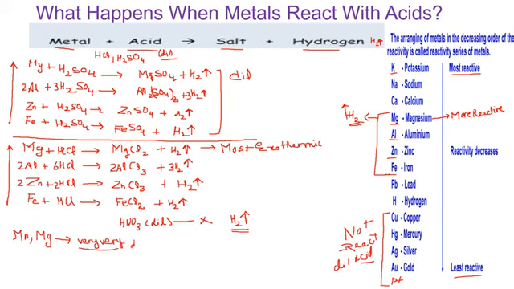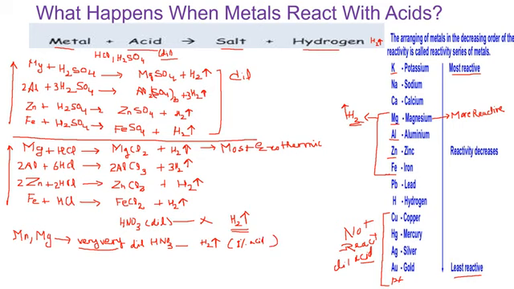Very dilute nitric acid, that is HNO3, and it is going to liberate hydrogen gas. They are going to react, but the nitric acid should be very dilute. What do you mean by very dilute? That means 1% of acid, and the rest 99% will be water, right?